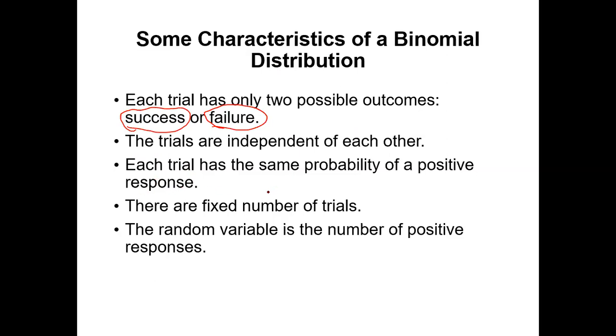Now, each trial has the same probability of positive response. Number 4, there are a fixed number of trials. Number 5, the random variable is the number of positive responses.